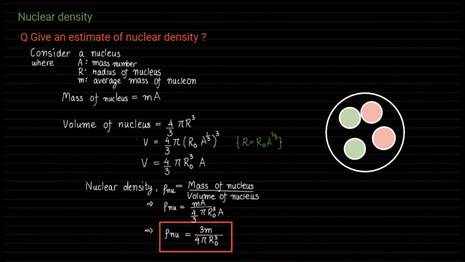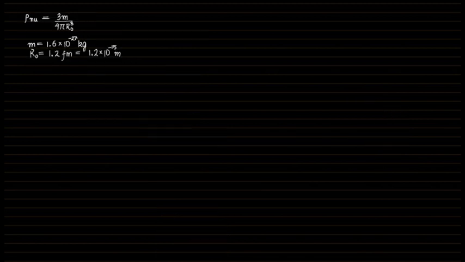Therefore, let me write these values in the next slide. Here, your average mass is given as 1.6 times 10 to the power minus 27 kg, and the value of r naught is 1.2 femtometer, which is 1.2 times 10 to the power minus 15 meter. Now, one more thing. In this formula, you see that your nuclear density has all constants.